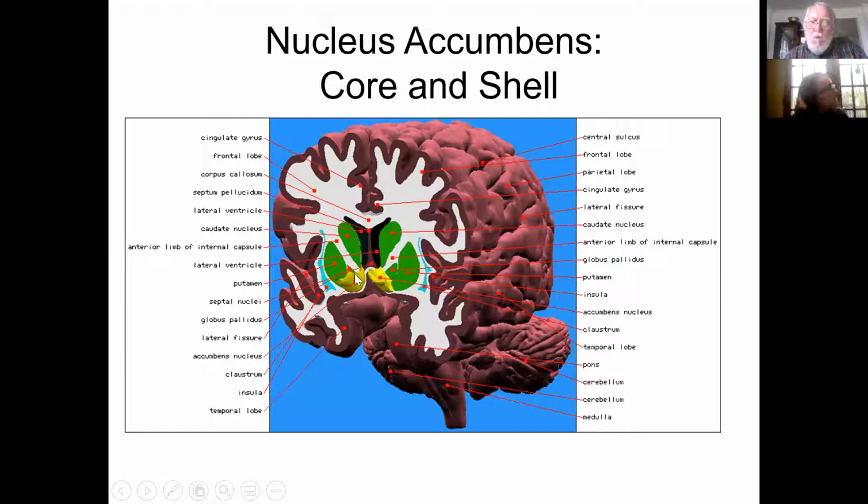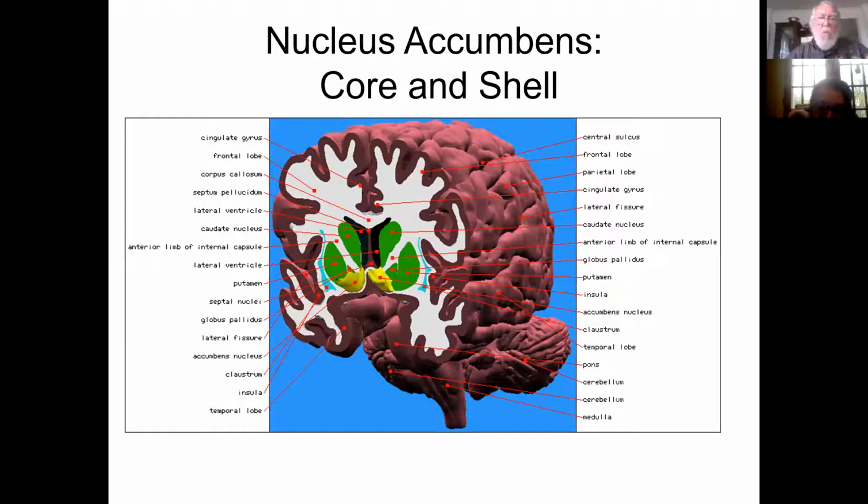The nucleus accumbens was also known as the ventral striatum. So the question became, is it part of this artificial delineation called the limbic system, or part of that artificial delineation we call the basal ganglia?